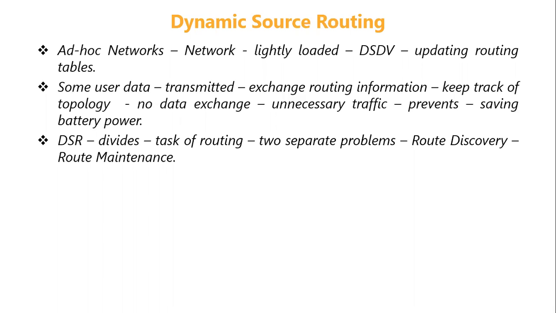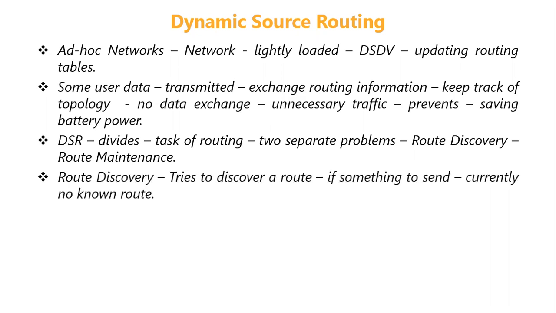With route discovery, a node will only try to discover a route if it has something to send to the destination, and also only when currently there is no known route for that particular destination.